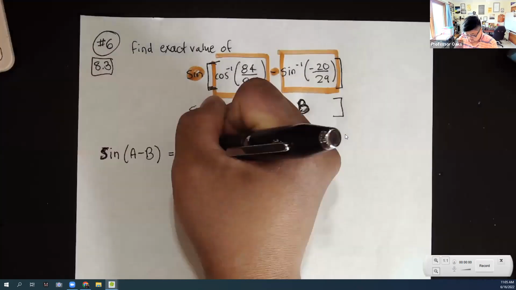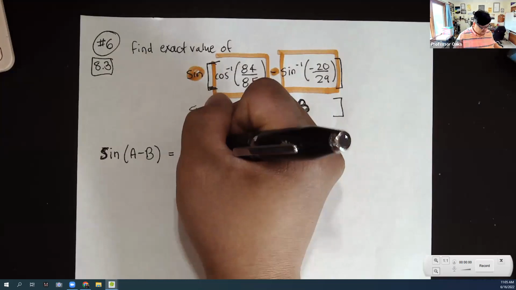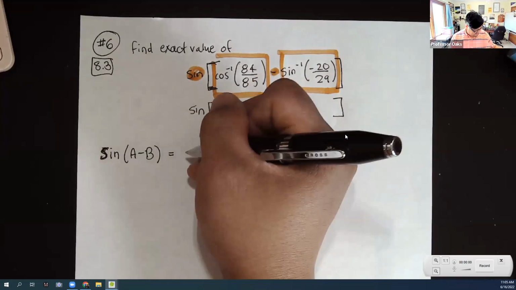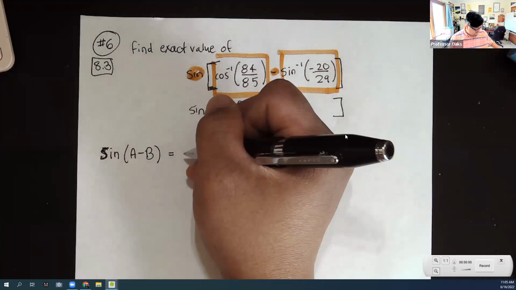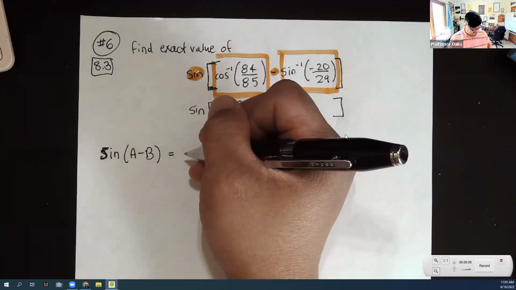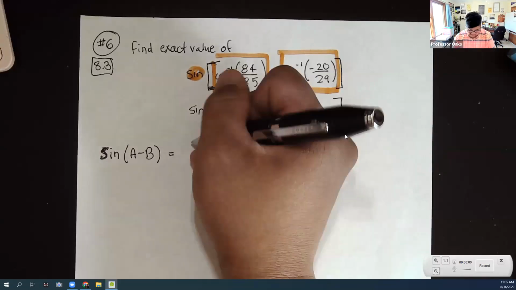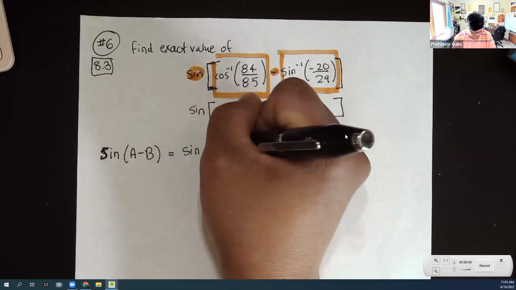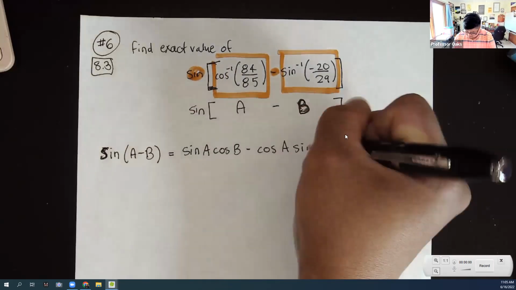And again, I really feel like they do something bizarre when you solve this using the formulas. That doesn't happen when you draw the triangle. So using the formulas, sine a cosine b minus cosine a sine b.